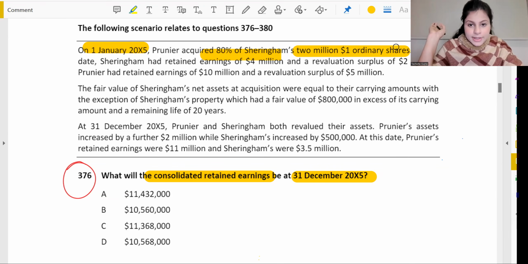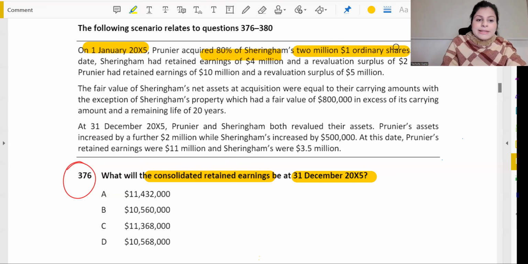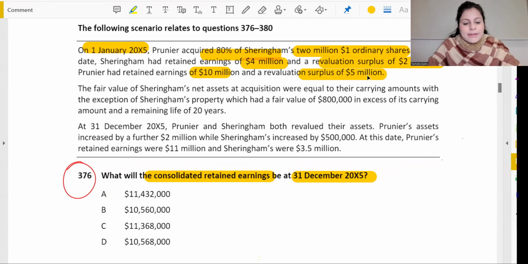At this date, the subsidiary had retained earnings of 4 million and a revaluation surplus of 2 million. Prunier had retained earnings of 10 million and a revaluation surplus of 5 million. So how am I supposed to calculate the retained earnings?